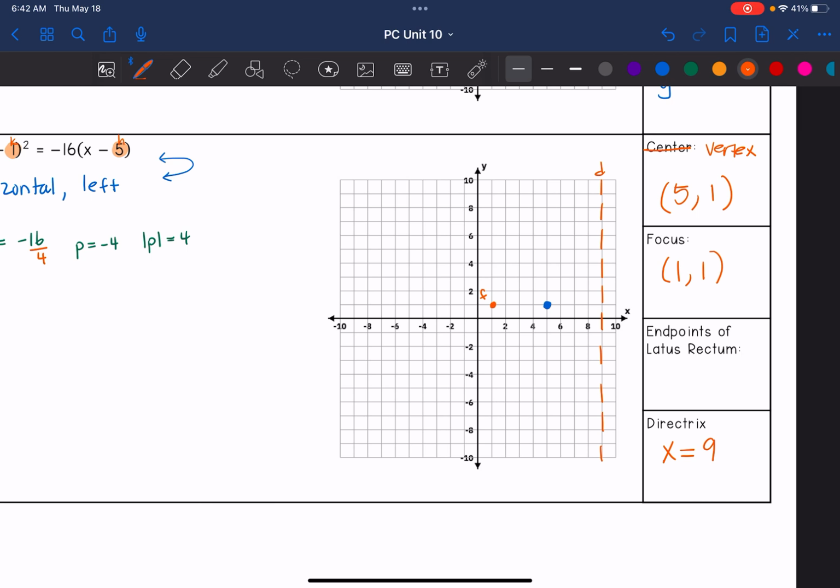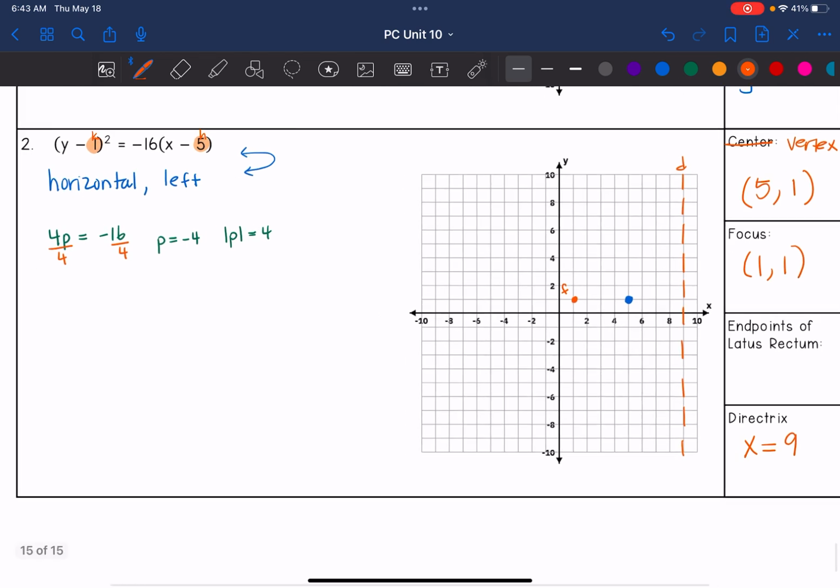Okay, the latus rectum. For the latus rectum, I need to find 2p, but if I know that regular p is 4, for 2p you would just multiply 4 times 2. That gives me 8. So I'm going to put LR right here for latus rectum.